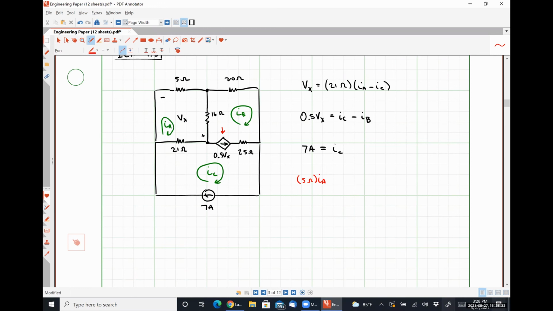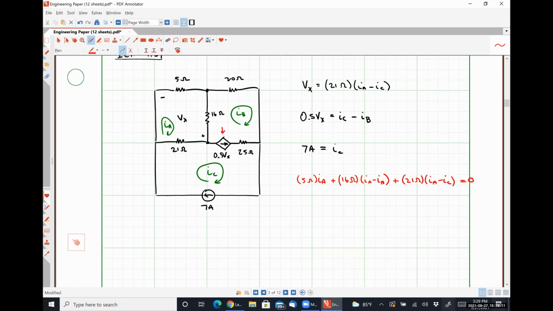So we are assuming for every resistor we see that as we're following mesh current IA around its clockwise path, it is flowing into the positive polarity terminal of all of our resistors. So 5 ohms times IA, what comes next? All right, 16 ohms, IA minus IB. What's next? Set it equal to 0, and we can now solve for everything.